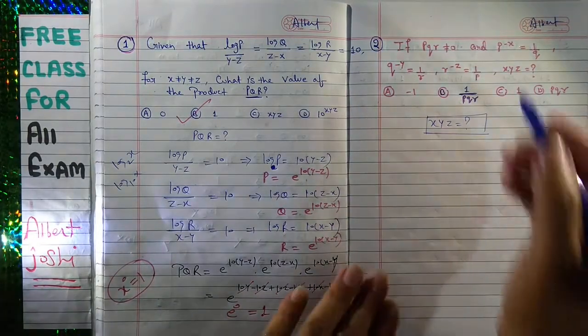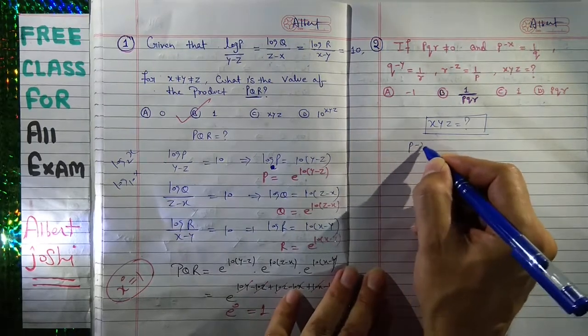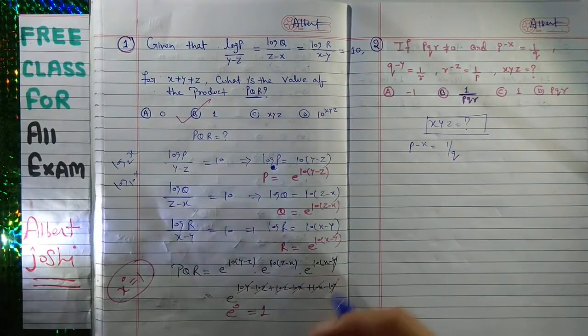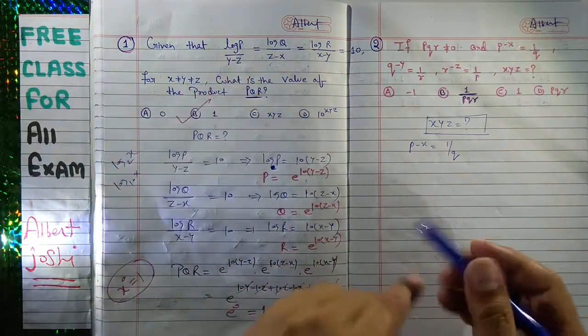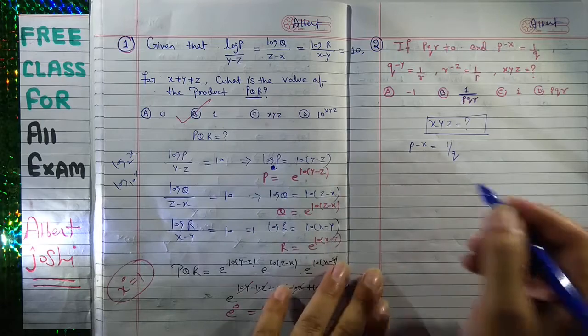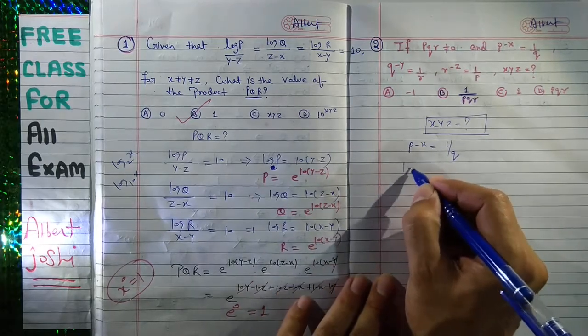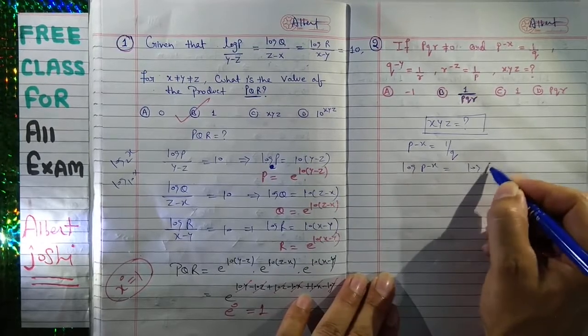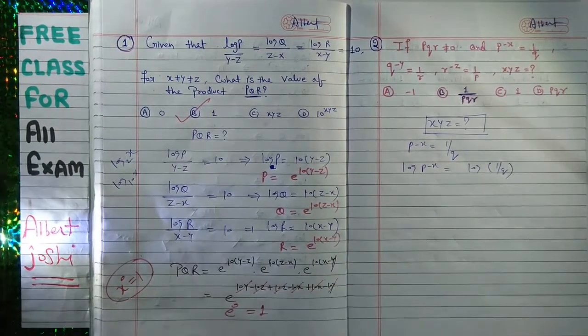Okay. So what they have given us is p to the power minus x is equal to 1 upon q. Already we have discussed, whenever you have a power, you will use log on both sides. So you have to write here log p to the power minus x is equal to log 1 upon q.